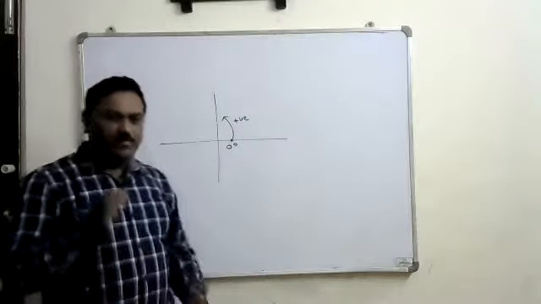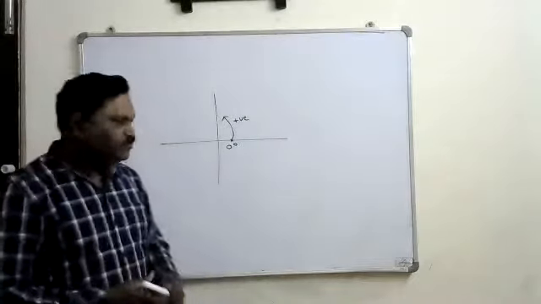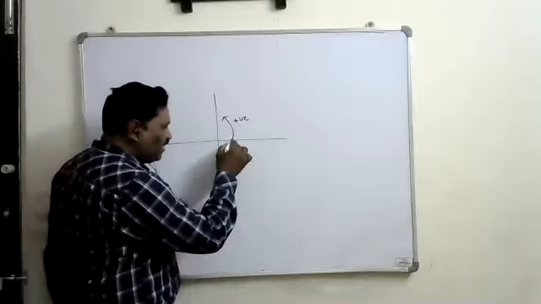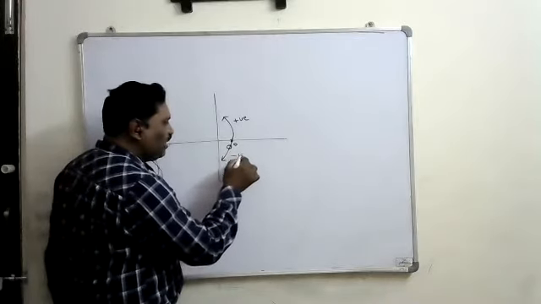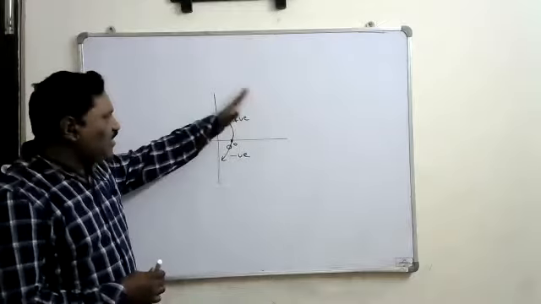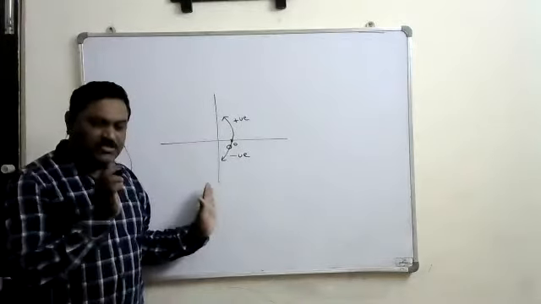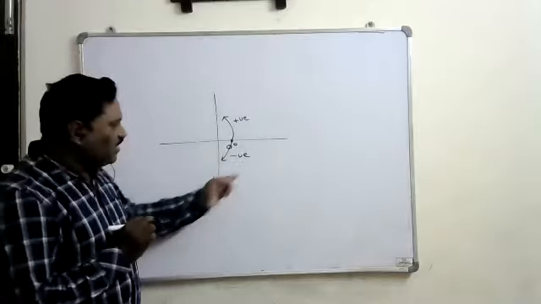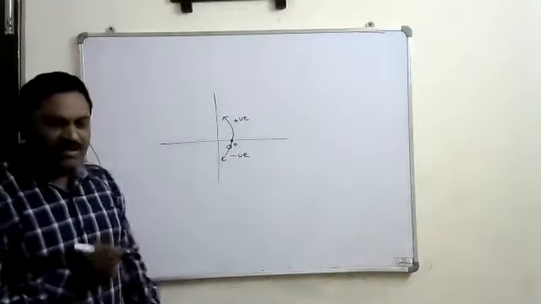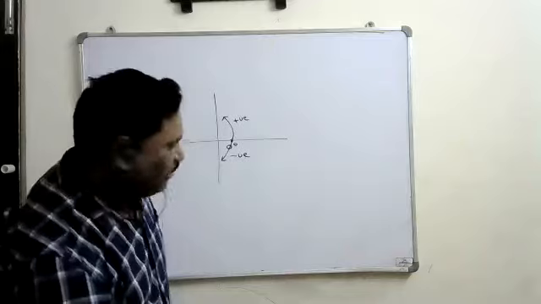Always remember that positive direction means anti-clockwise direction. If you measure the angle in the clockwise sense, we call it the negative direction. Angles measured anti-clockwise are positive angles, and those measured clockwise are negative angles. This we have also seen yesterday.